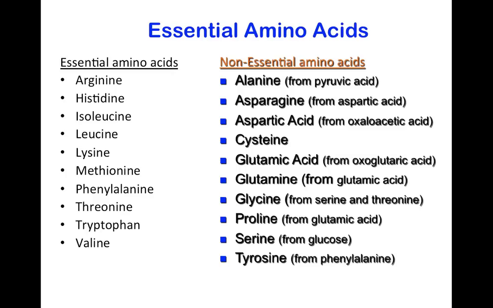We can remove the carbon skeletons and actually make our non-essential amino acids. So for instance, there are some common ones, alanine. You could get alanine from pyruvic acid. You could get aspartate from oxaloacetate. Alright, so those are some of the more common ones, and you can see the other examples listed here.